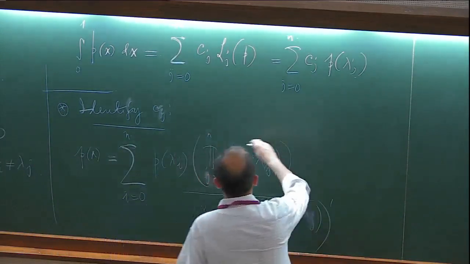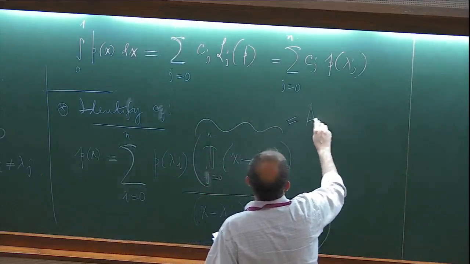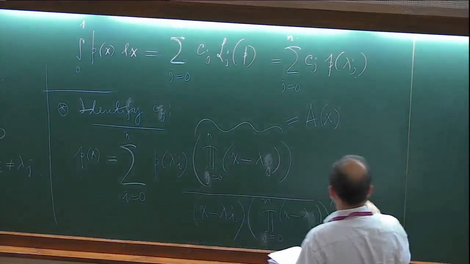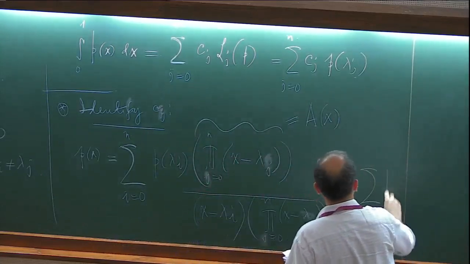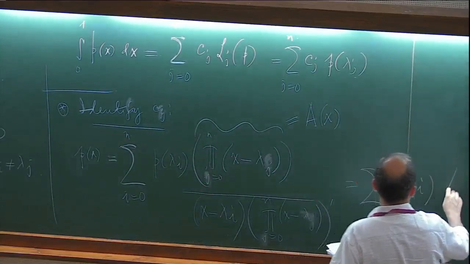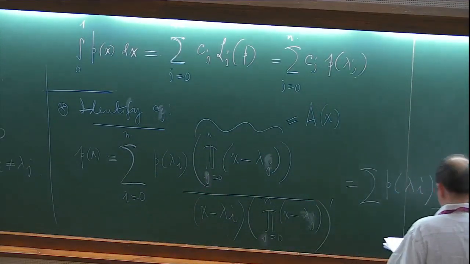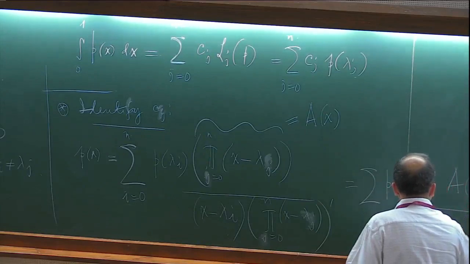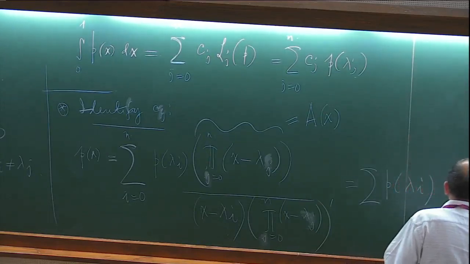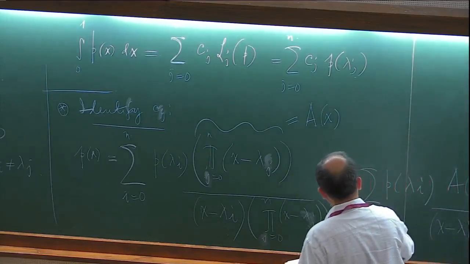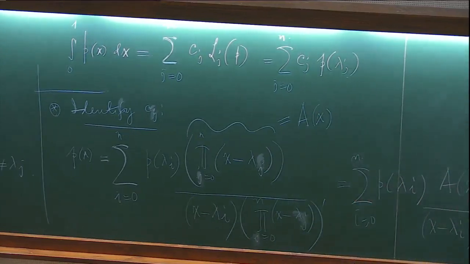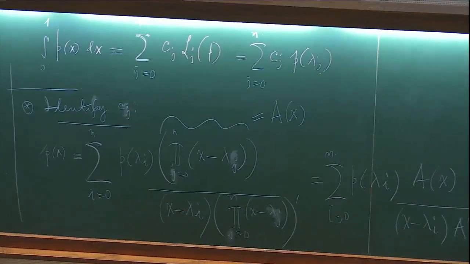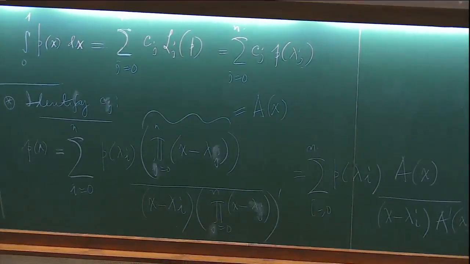Let me call this product some A of x. So this is the same as the sum of P of lambda i, A of x divided by x minus lambda i, A prime of lambda i, 0 to n. So this is always true.